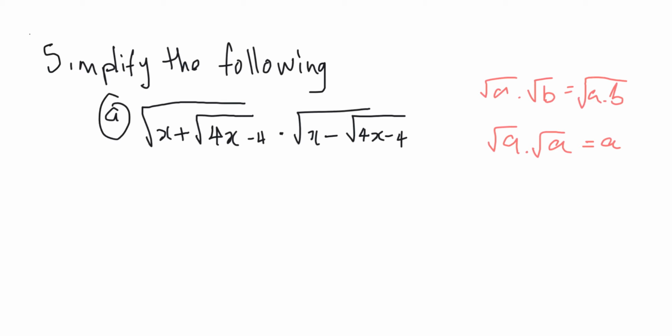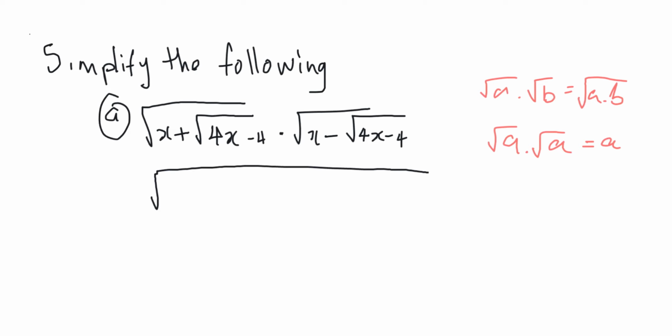Now let's see where we can start. We can start by representing this, since all of this can still be represented under one root. This line can be extended under one root.